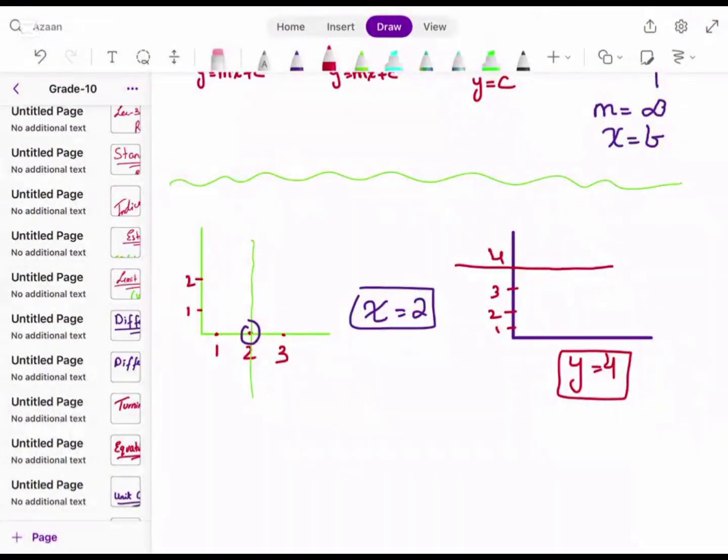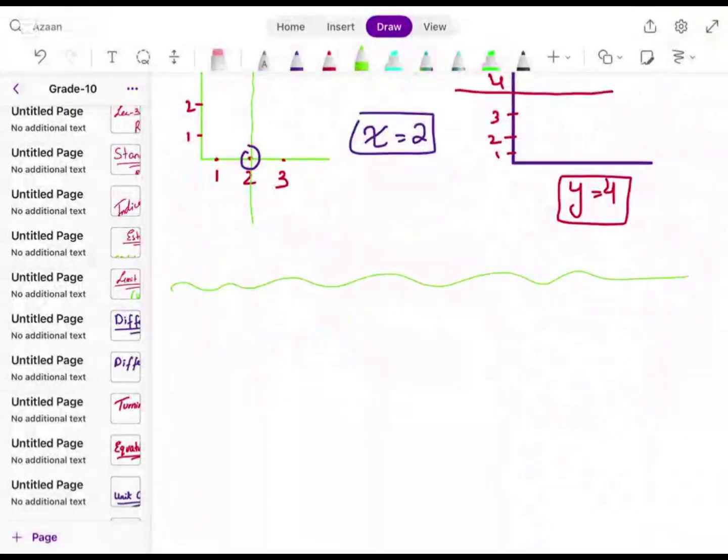Now we will see how to find the equation when the 2 points are given to us.